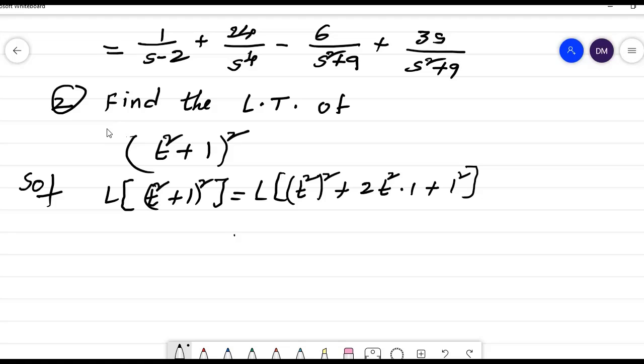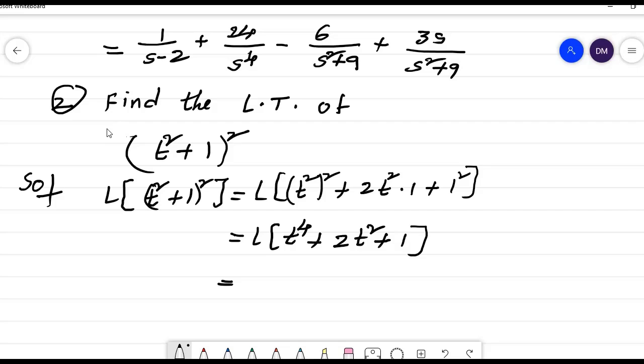So this is equal to L of t square whole square means t power 4, plus 2 t square, plus 1 square means 1.